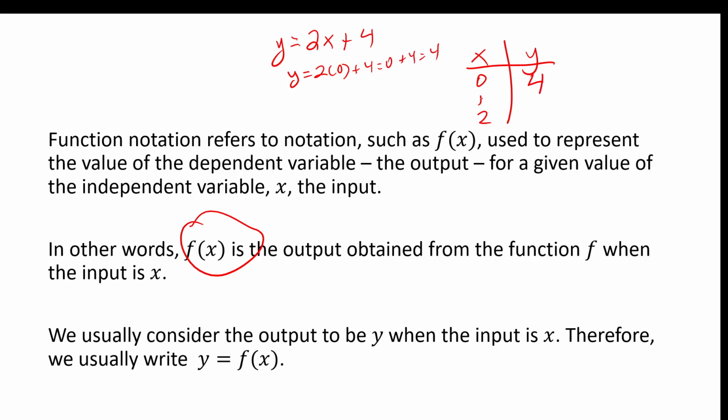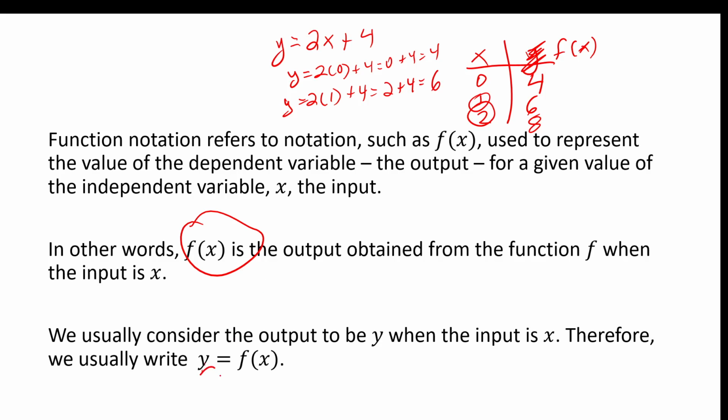Then you would input a different value for x. You would input 1. When you input the 1, you would then determine what the output was, and you called the output y. And when you input the next x value, you got a new output. Well, instead of calling those outputs y, we sometimes call them f of x, and then we say y equals f of x.